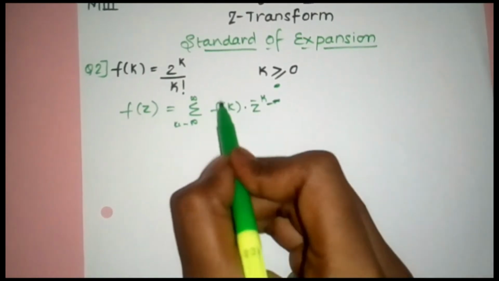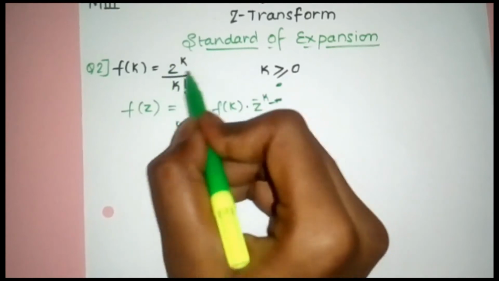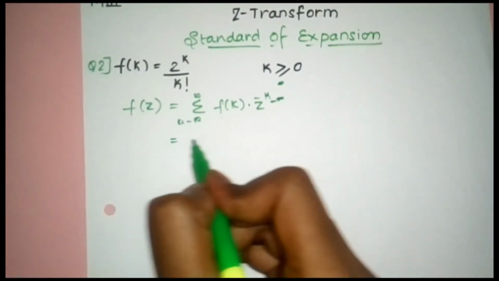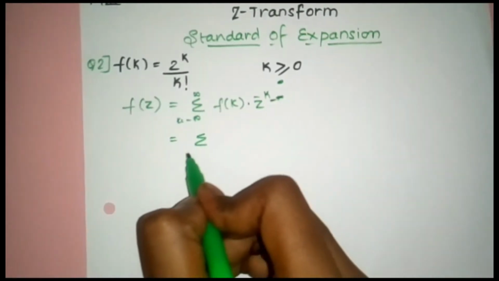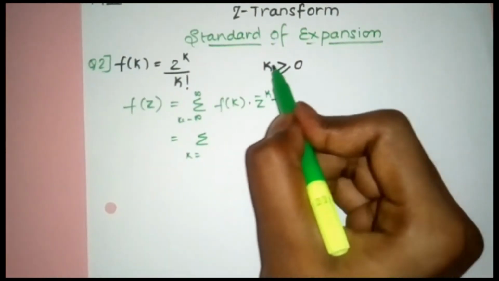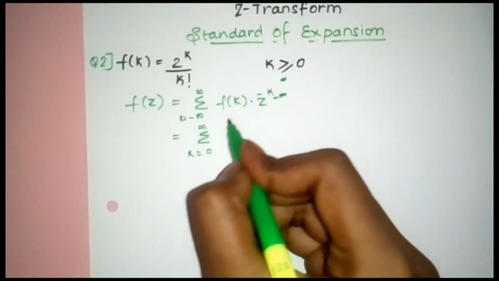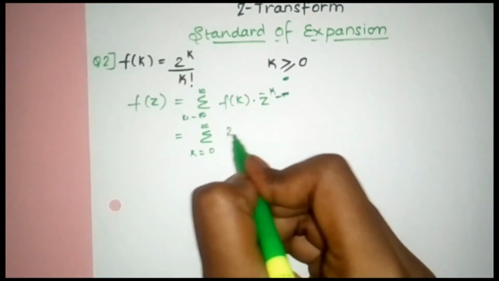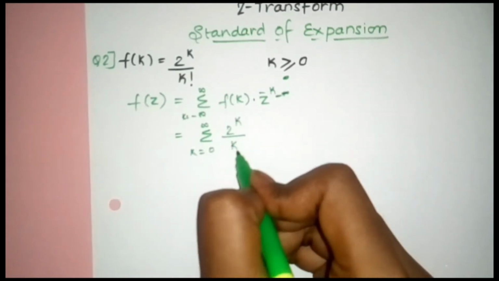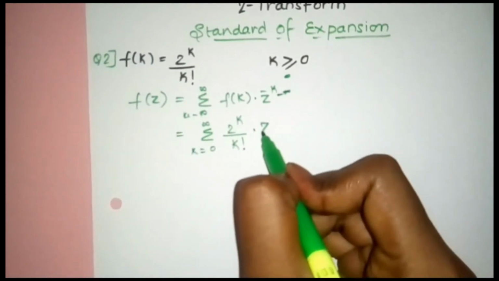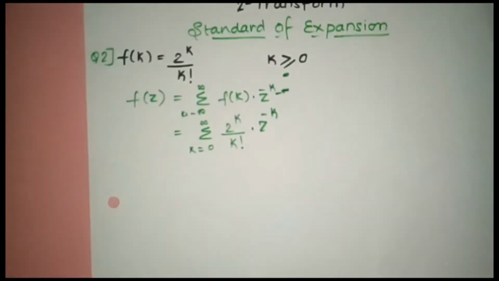Now let's put this part in the place of f of k. So summation of k, now k is greater than or equal to 0, means from 0 to infinity, and in the place of f of k it will be 2 raised to k upon k factorial, as f of k is given over here, into z raised to minus k.